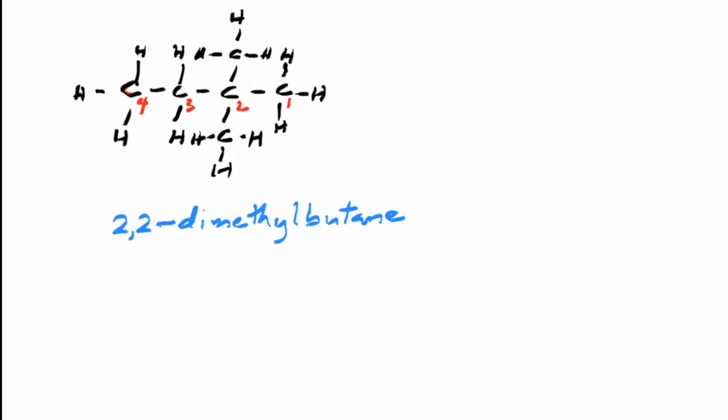And then we could have an isomer where we have the chain 1, 2, 3, 4. So we could have one where we put the methyl on adjacent middle carbons. So we could put a CH3 here.